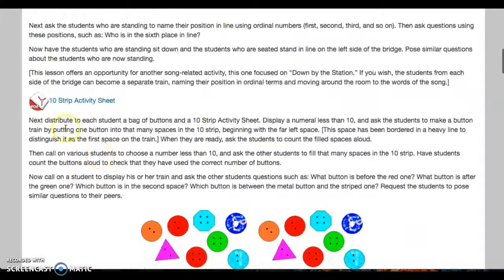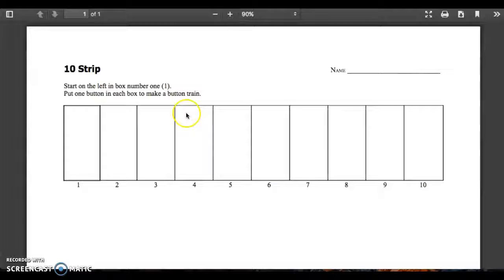Then you move into the manipulation of objects, and once again the link to the activity sheet that is referred to. In this case, a 10 strip, which is very familiar, like a 10 frame strip.